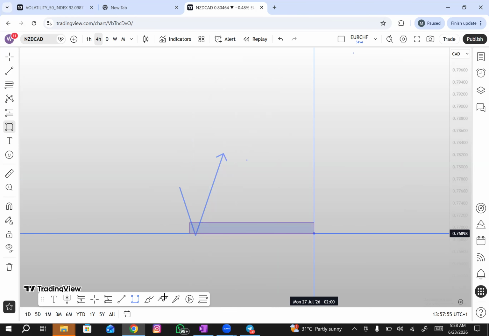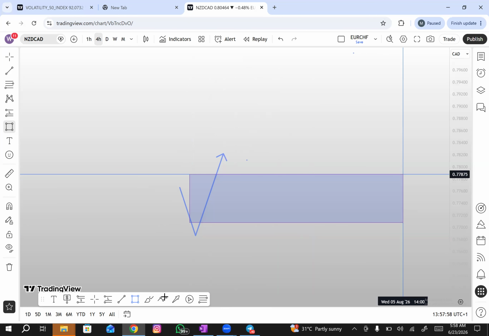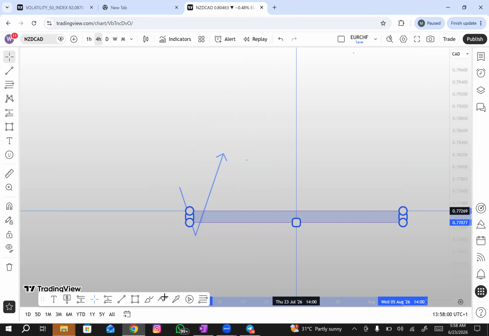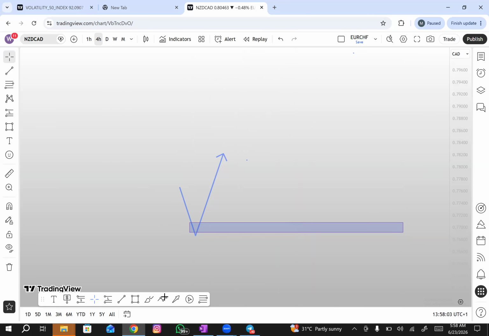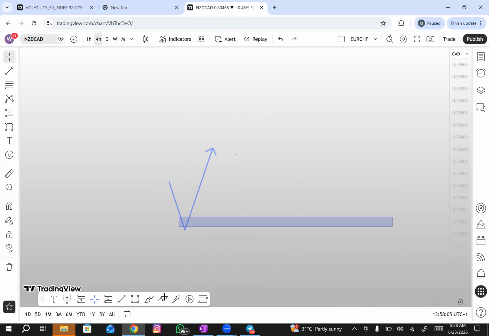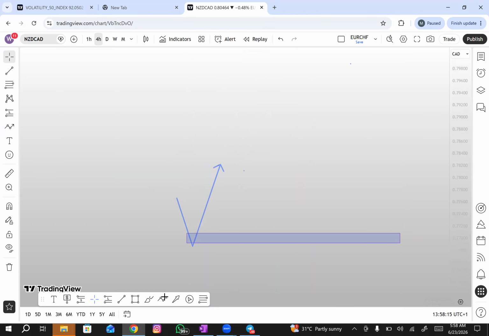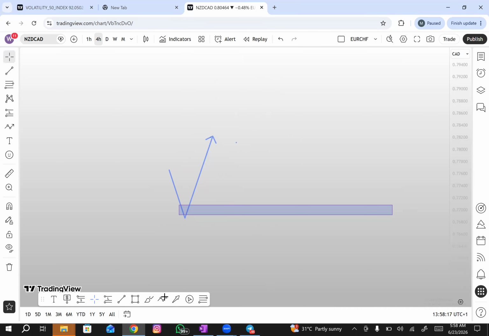Am I right? The last bearish candle before the bullish move is an order block. So what am I expecting price to do? Price is supposed to come into the order block, like this. But I decide to use the order block that failed.